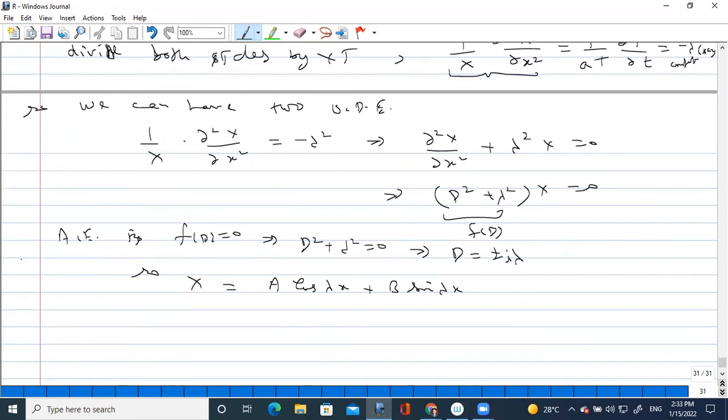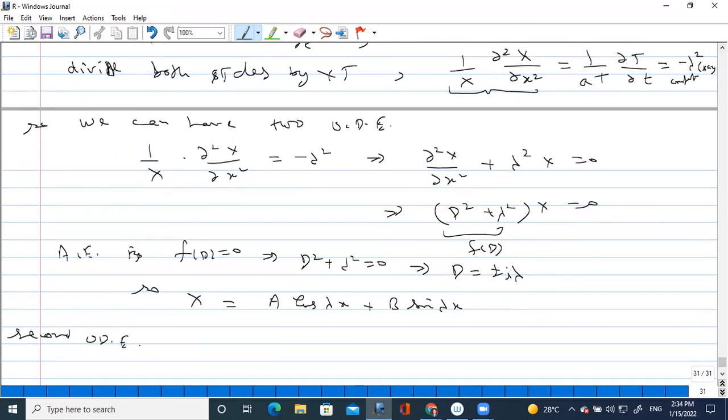Similarly, we can take the second ODE. That will be 1 upon aT, del T by del t, equal to minus lambda square.